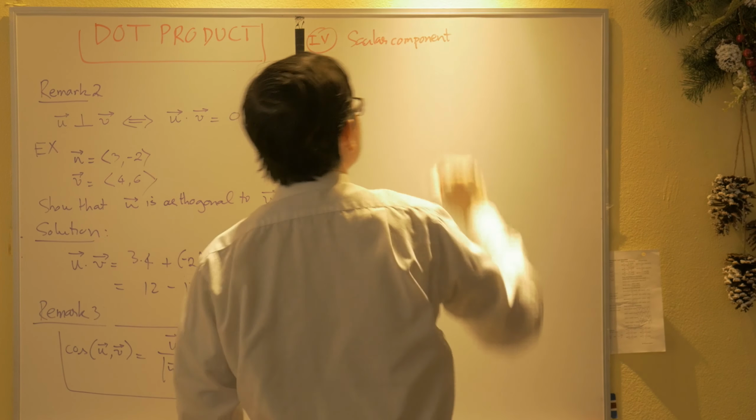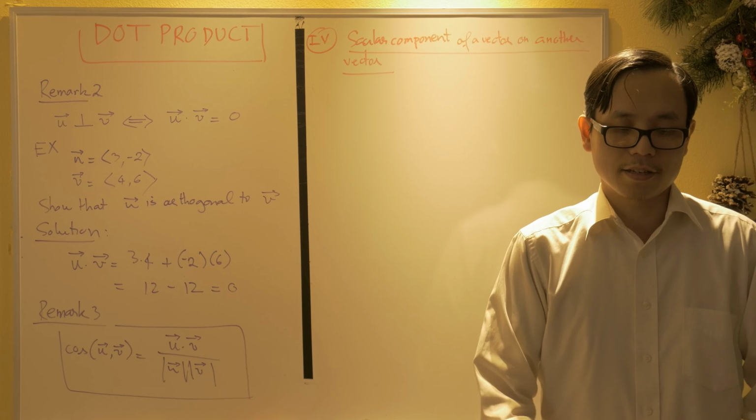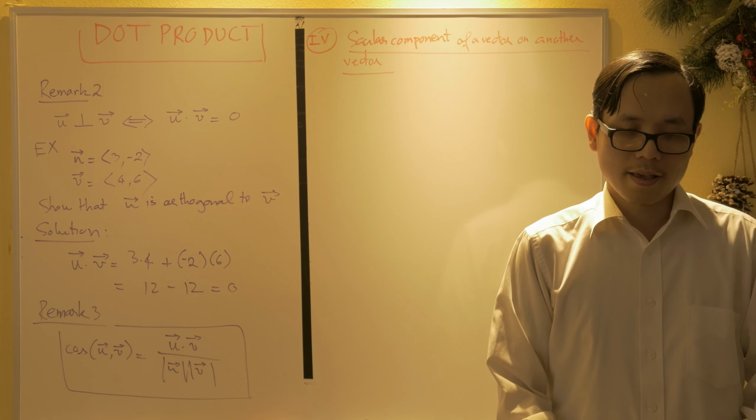A vector itself, when you find the magnitude, already has components, right? What it means here is that they want to make a projection of that vector on another vector. Okay, this is what I mean.